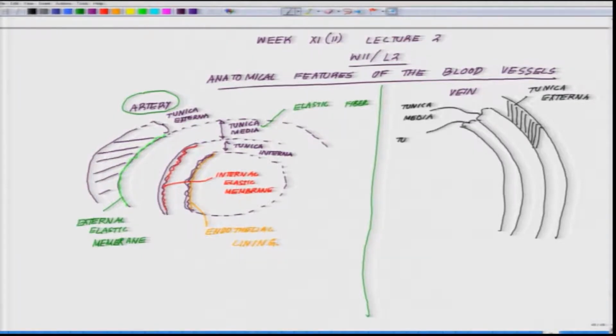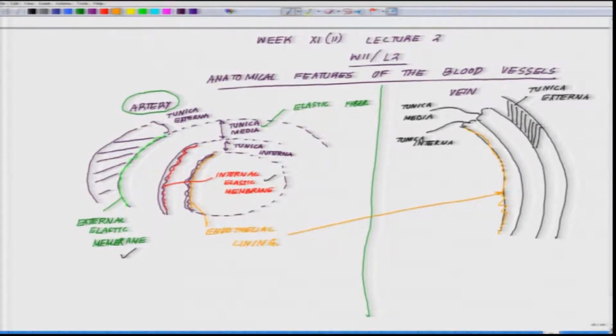And you have tunica interna. You must be missing something. Where are the external elastic membrane and internal elastic membrane? Actually, they are not really very prominent in this structure, because they don't need it. Here you have the endothelial lining. Okay, so this is how a typical artery and a vein look.